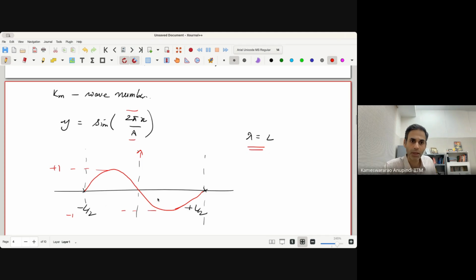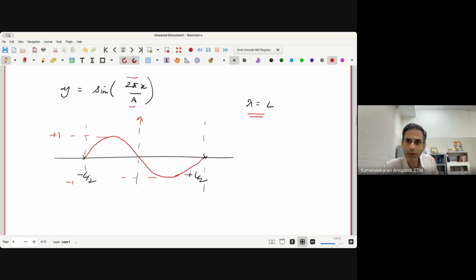Similarly, if I look at another function, let us say y equals sine of 2 pi by (L by 2) times x, that means my wavelength equals L by 2.